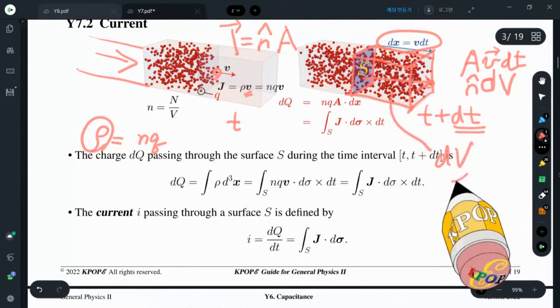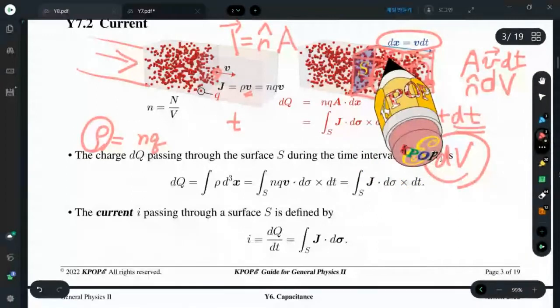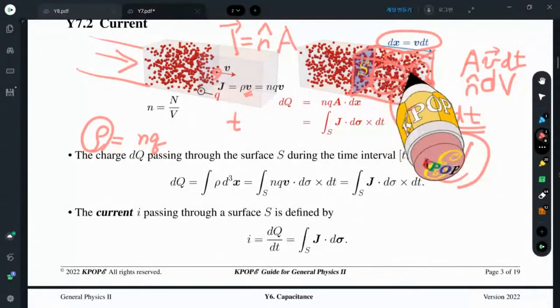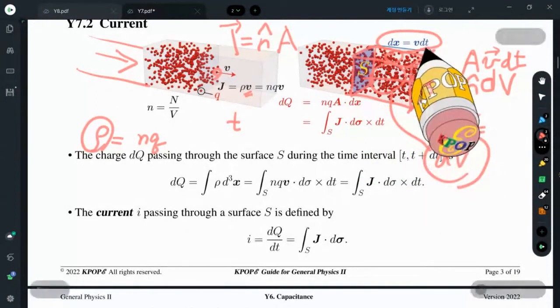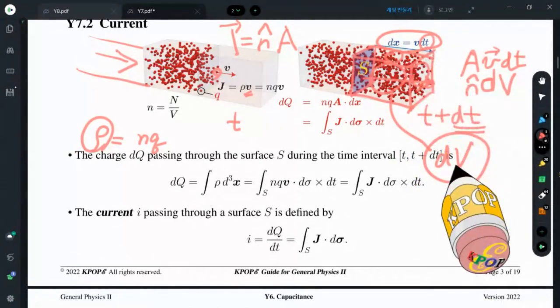This dV is the volume of the part swept by the charged current during the time dt.